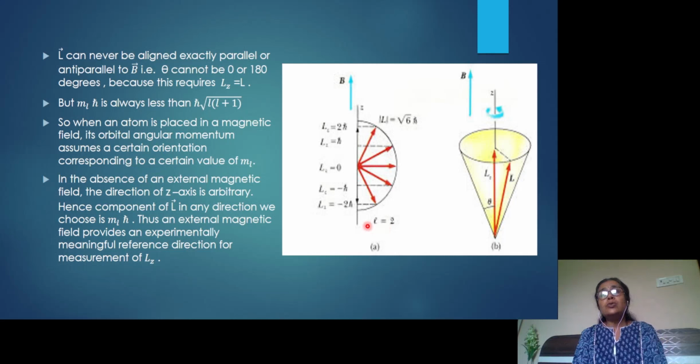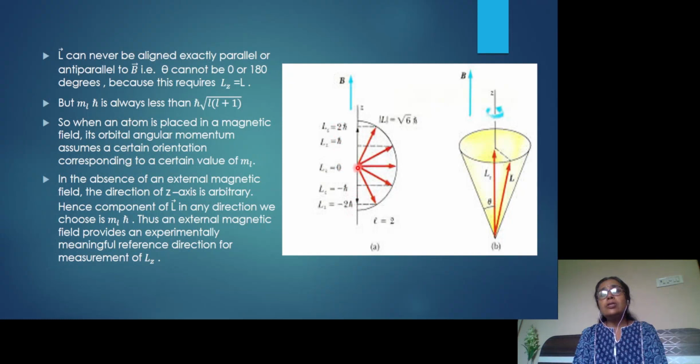Okay, and so ml will have values 0, +1, +2, -1, -2, and correspondingly we can see here Lz will have values 0, +h cross, 2h cross, -h cross, -2h cross.